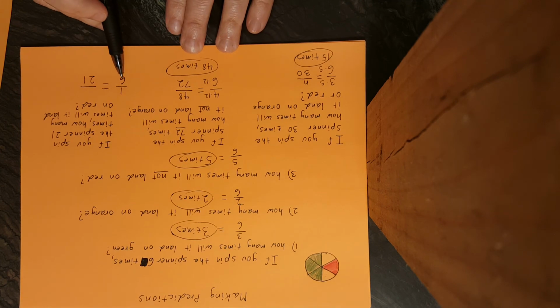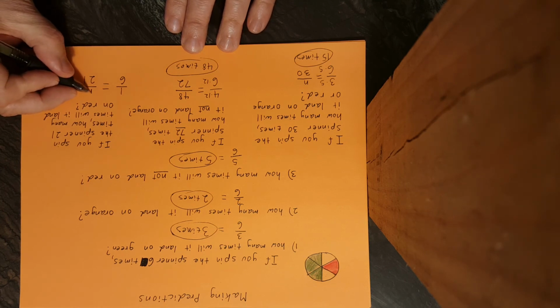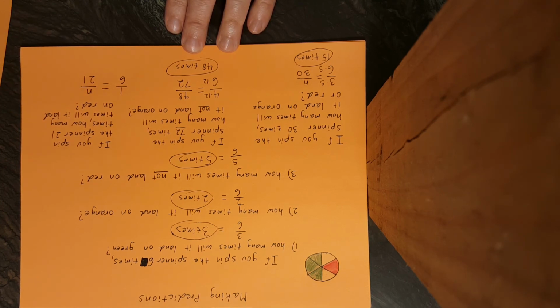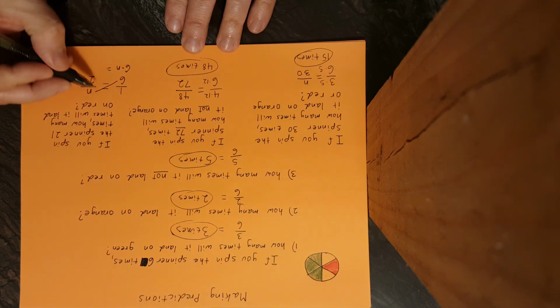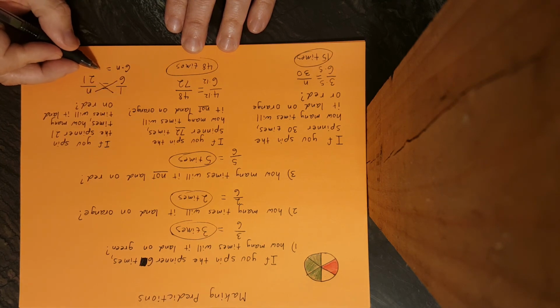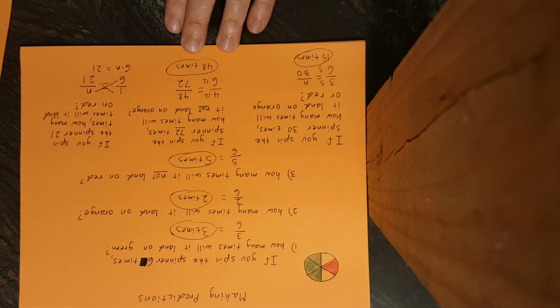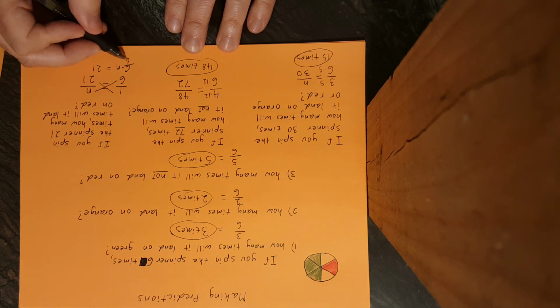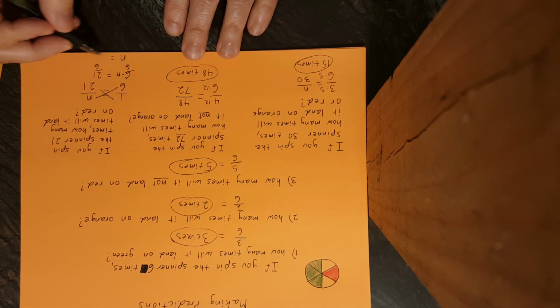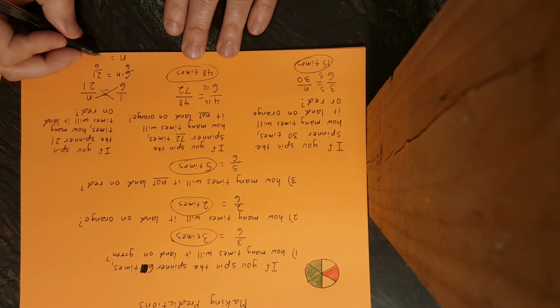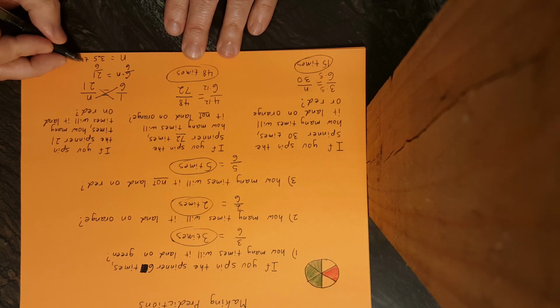Now, 6 times 3 is 18, 6 times 4 is 24, so we don't know that, but remember your cross products rule, right? 6 times n equals 1 times 21, which is 21, okay? Divide both sides by 6, and you pop that in your calculator, you will get 3.5. So the answer is 3.5 times.